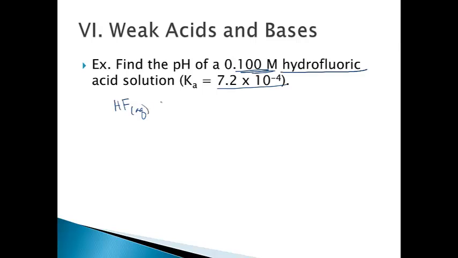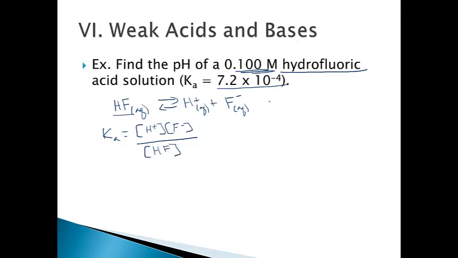And it's aqueous, so it'll break up into H plus and F minus. And both of these are aqueous. So the Ka equation for this is going to be equal to concentration of H plus times the F minus, and we have to include the HF because it's aqueous.